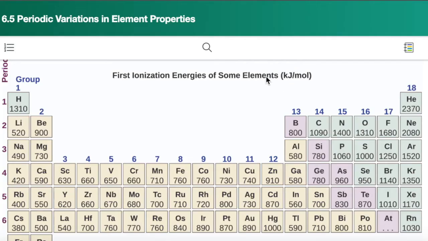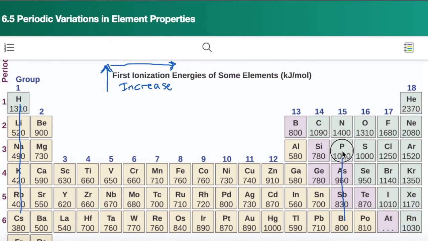All right, let's take a look at some of the ionization energies. Your textbook shows these values of the first ionization energies of most of the elements. We can see this general trend that these ionization energies are increasing going up a family, let's say this family over here, going up this column. These numbers are all increasing.